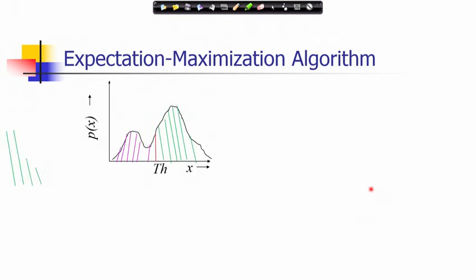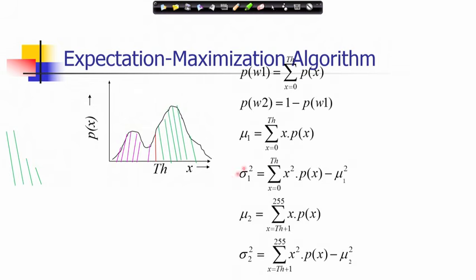This is how the corresponding parameters are computed in this case. You can see the probability of W1 is computed as the area of Px, a summation from 0 to threshold.